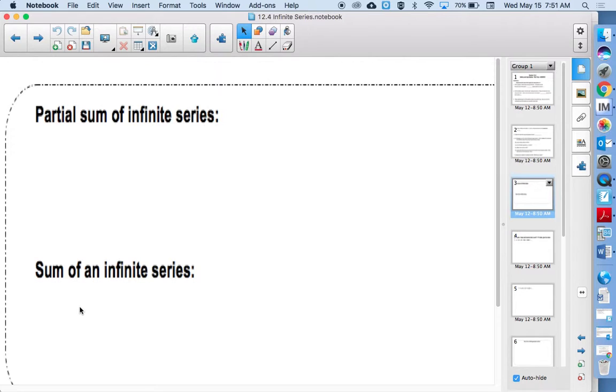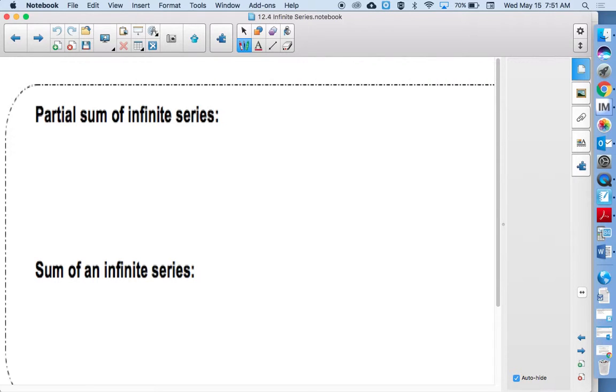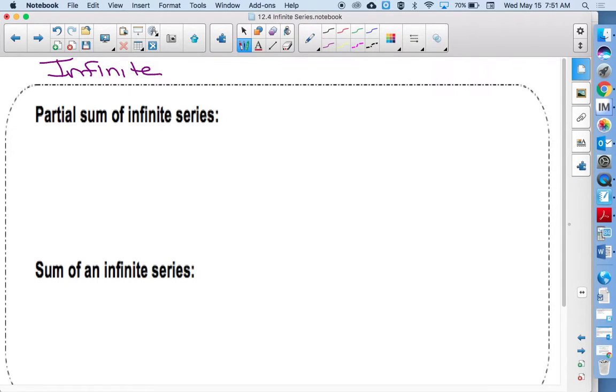So at the top, just as a reminder, an infinite series has no end term, just like an infinite sequence has no end term.